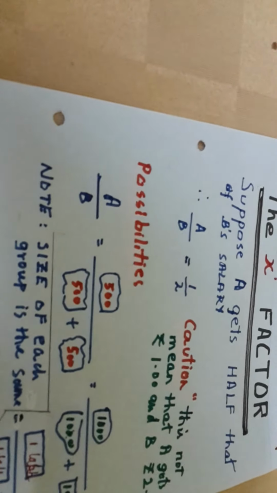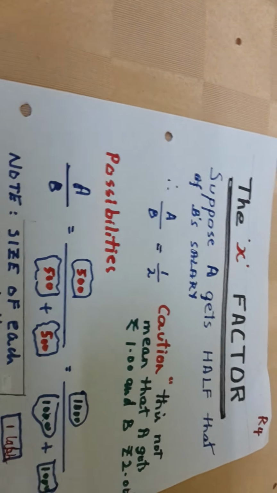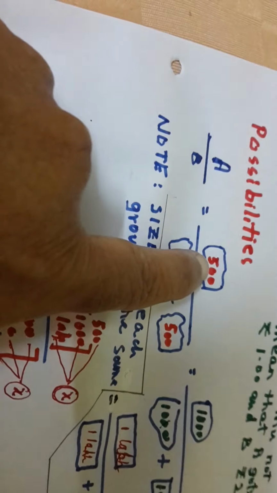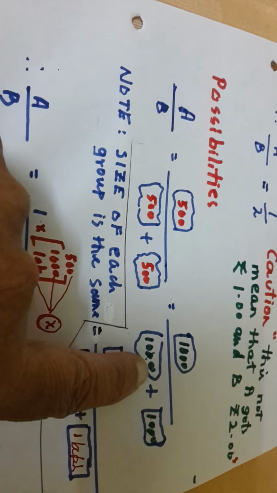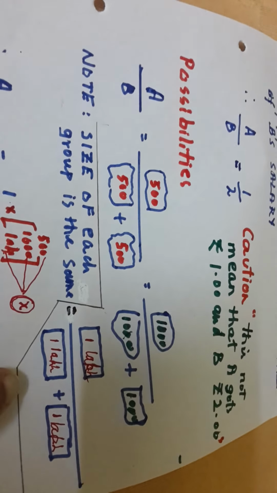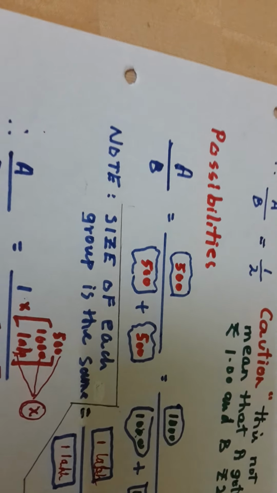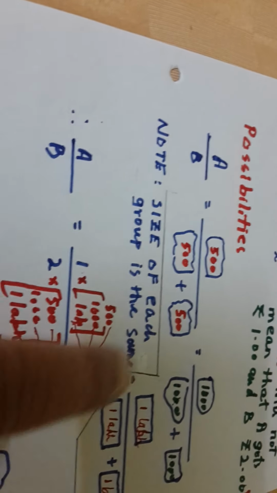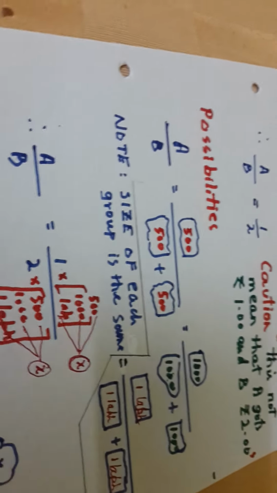As I've mentioned many times, the size of the bag or the number of items in each bag should be the same. Here the number of items is 500 1 rupee notes, 1,000 1 rupee notes, 1 lakh. The size of each group is the same.